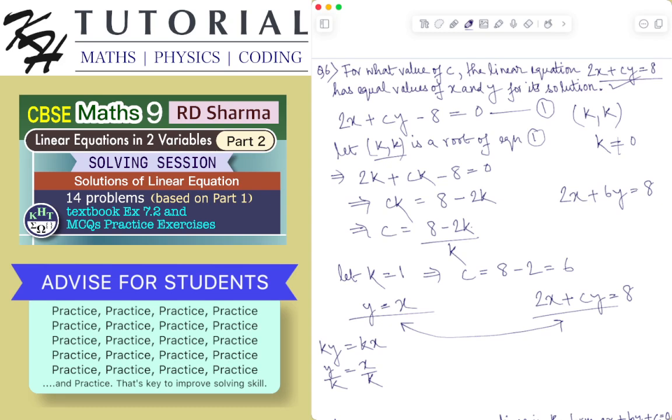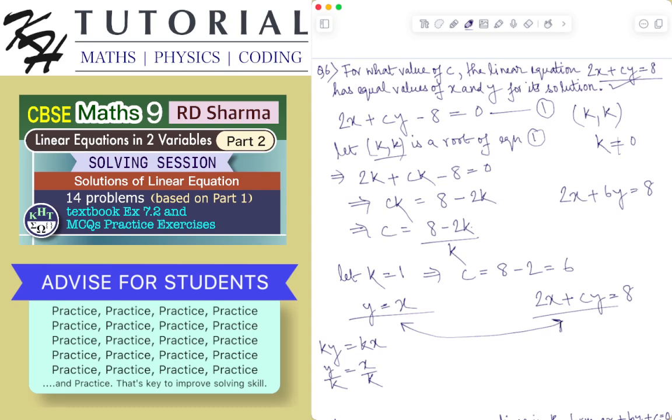Now I have to compare the given equation 2x plus cy equals 8. This should be identical to y equals x. What should the value of c be, so that the equation 2x plus cy equals 8 and the equation y equals x are identical?